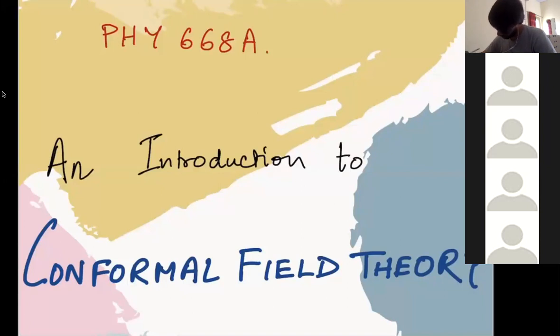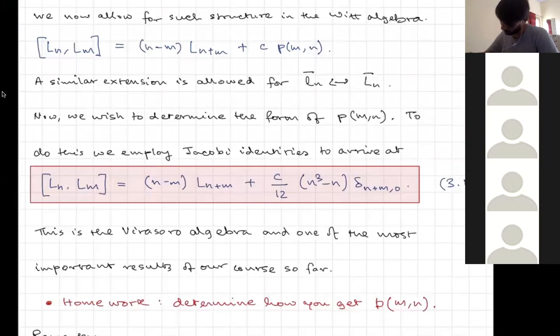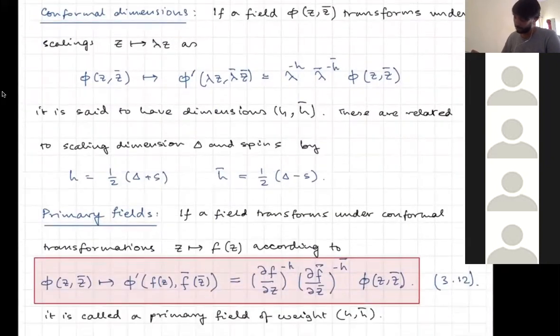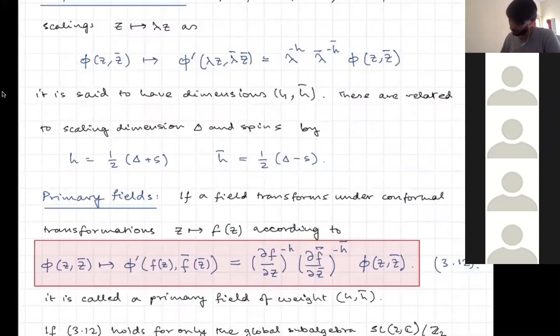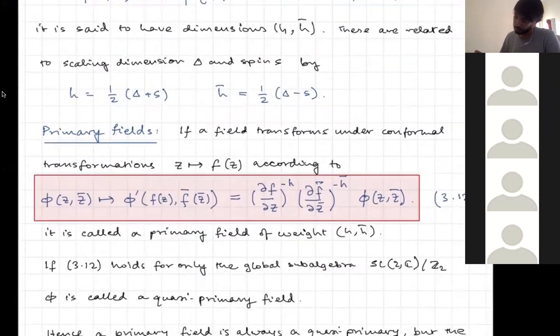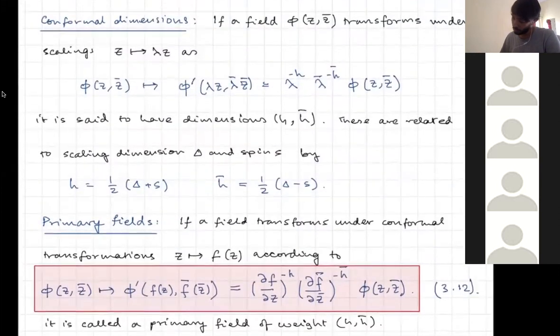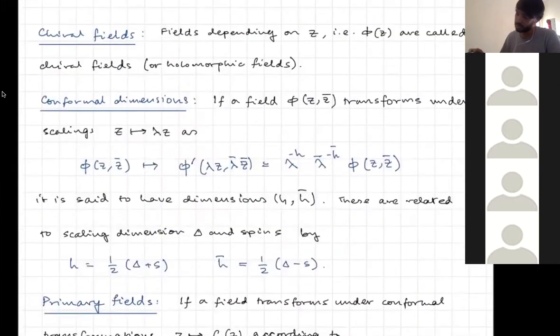Okay, so today we want to go on to try to understand other things. We tried to define what a primary field was last time around as well. So we said that we are going to be looking at fields which are dependent on Z. These are going to be called chiral fields or holomorphic fields.